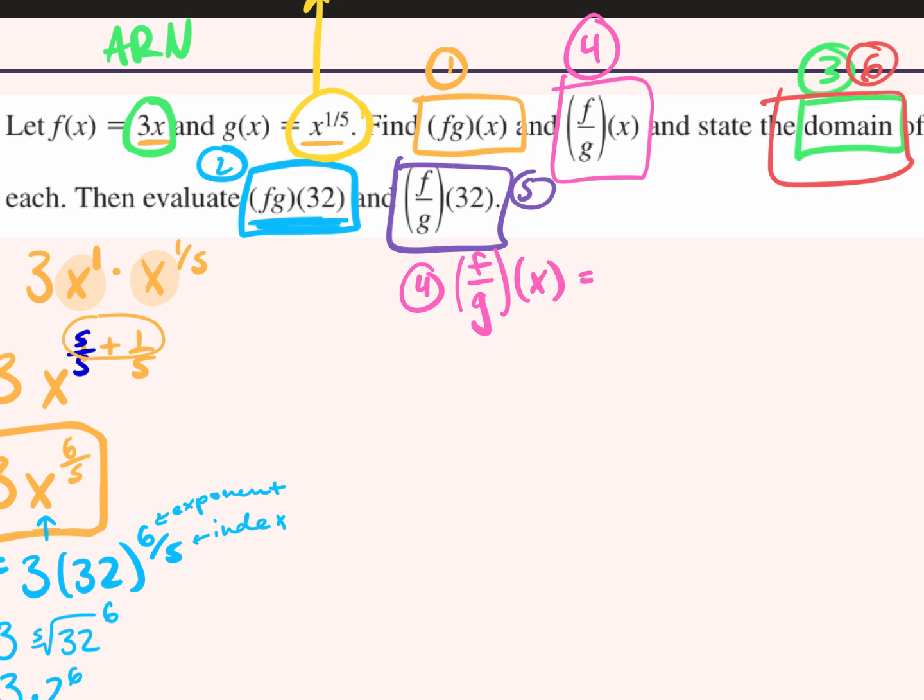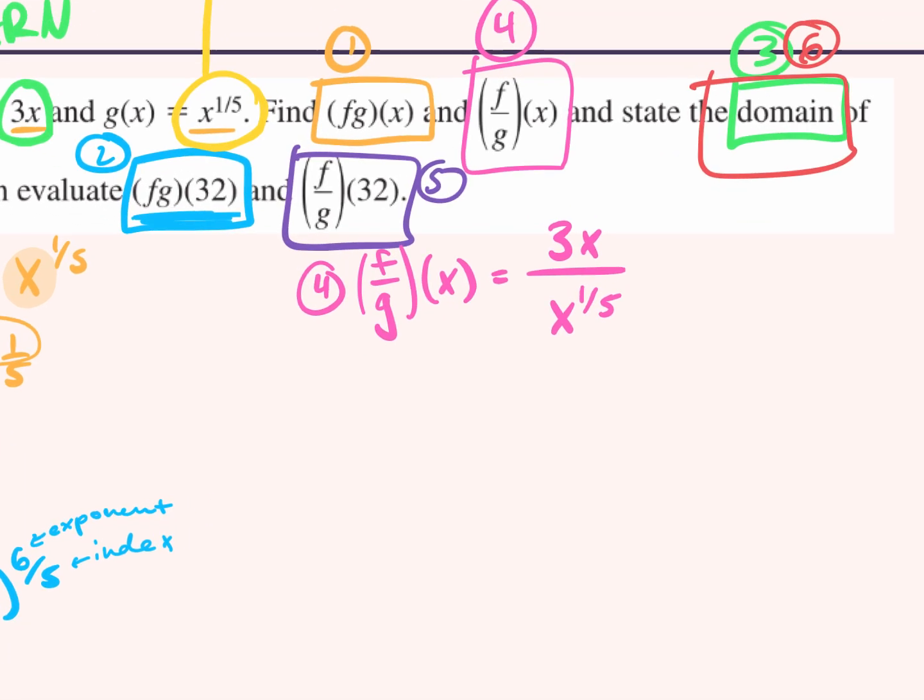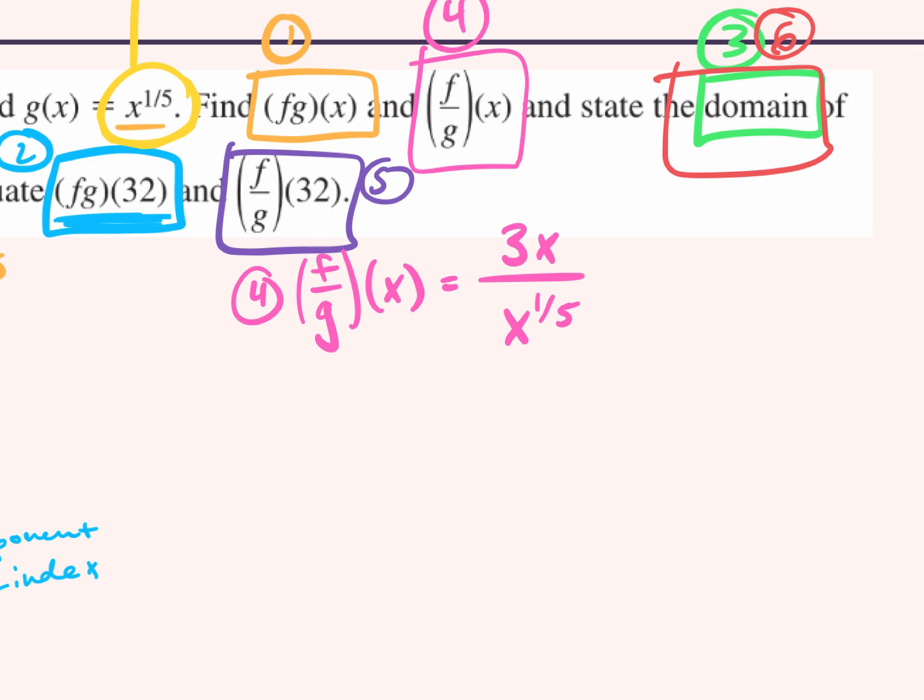So we take our function f, which is 3x, and divide it by g, which would be x to the 1/5 power. Can I simplify this? How? Since I have an x on the top and on the bottom, I can combine the exponents by subtracting. So this would be 3x to the power of 1 minus 1/5.